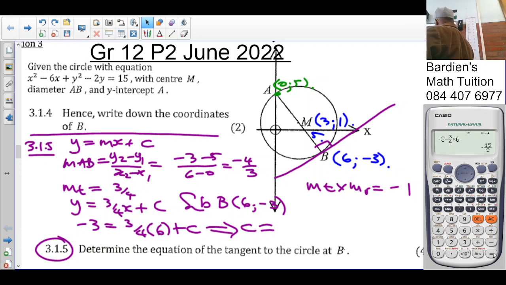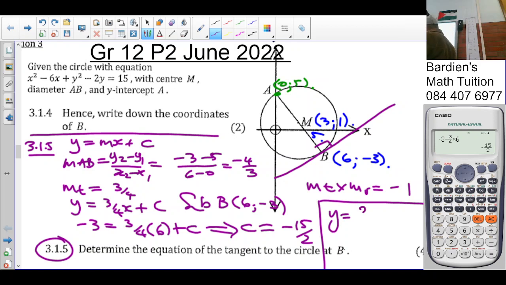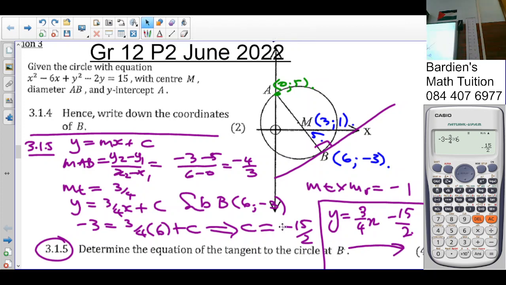Okay, it's negative 15 over 2. Which now states that y is equal to 3 over 4 x minus 15 over 2 is the equation of the tangent at the point B. Okay.